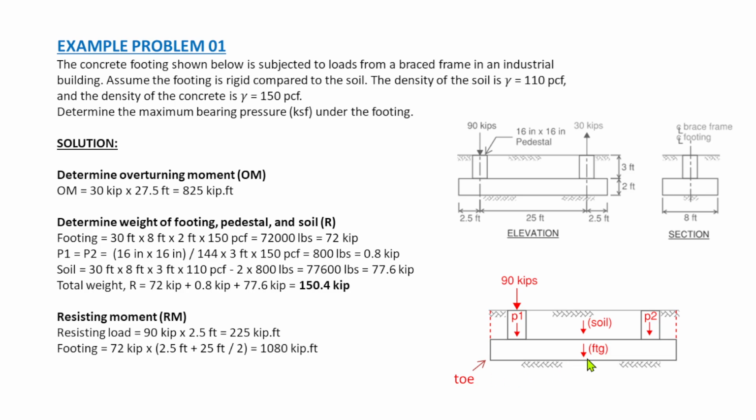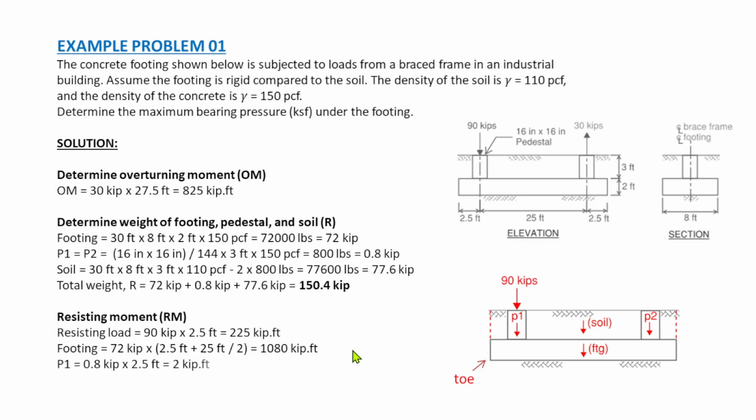The next one is the footing. This footing's downward force will give a resisting moment clockwise. So the weight of the footing is 72 times the moment arm, 2.5 plus 25 over 2, and the total is 1080 kip-feet for the footing.